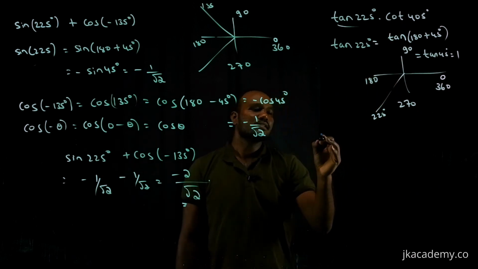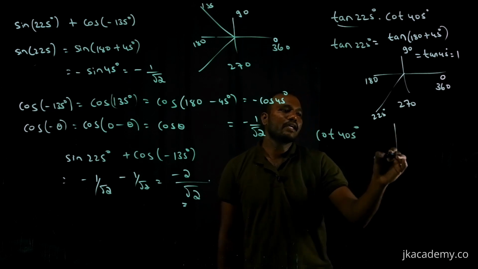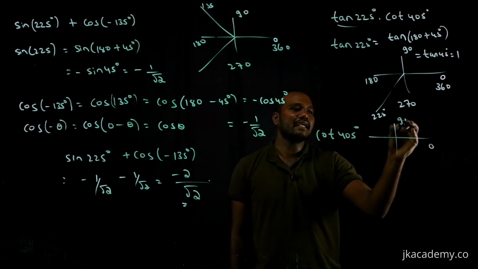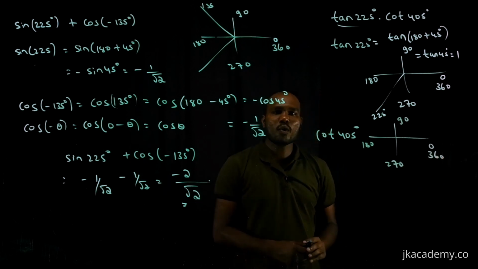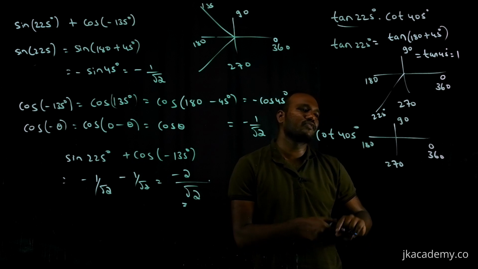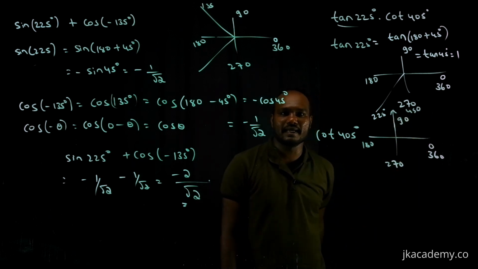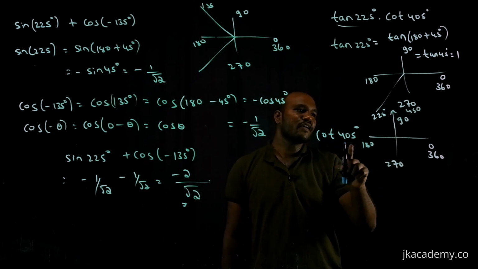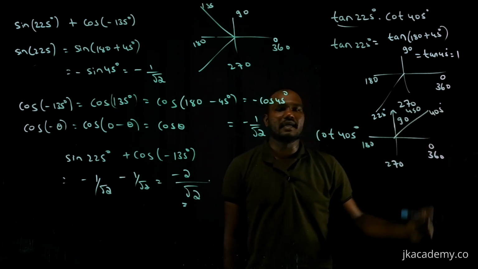Again, the next question is cot 405 degree. So again, I told you, this is 0, this is 90, this is 180, this is 270, this is 360. If you want more than 360, just add 90 degree. 360 plus 90 is how much? 450 degree. So this line again can be called the 450 degree line. So 405 degree, that is less than 450 degree, it should be somewhere here.